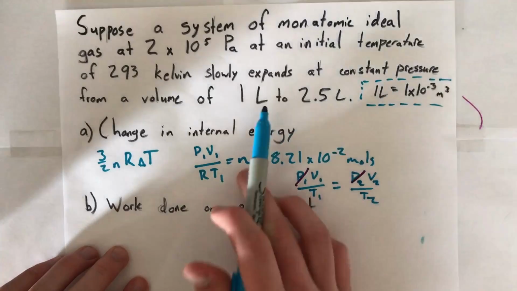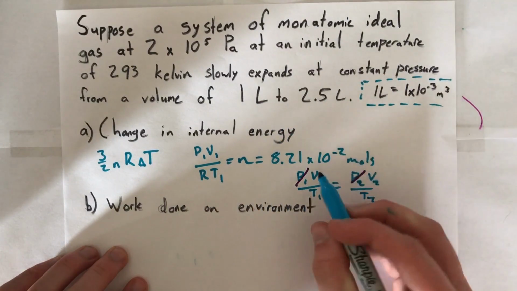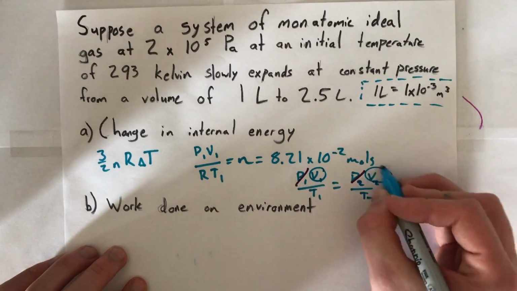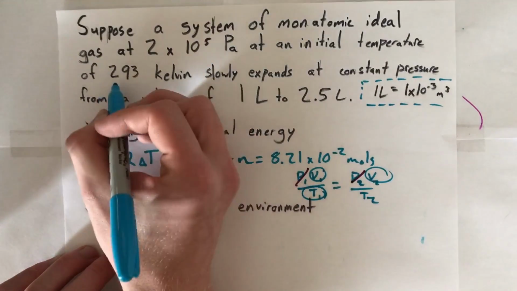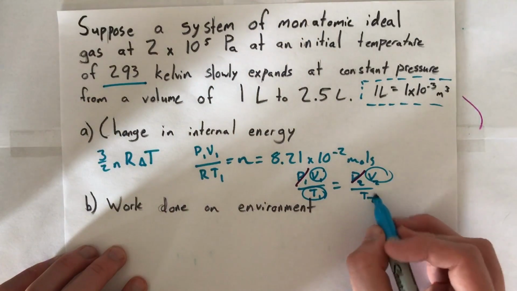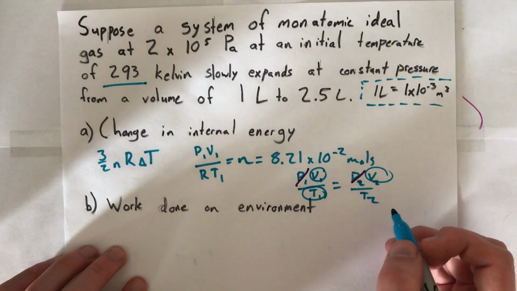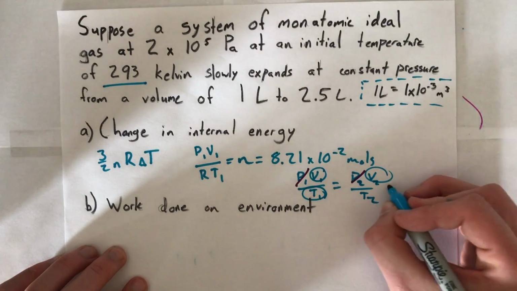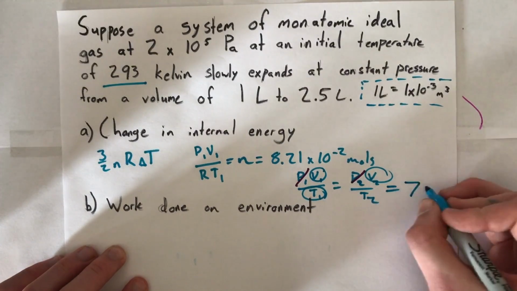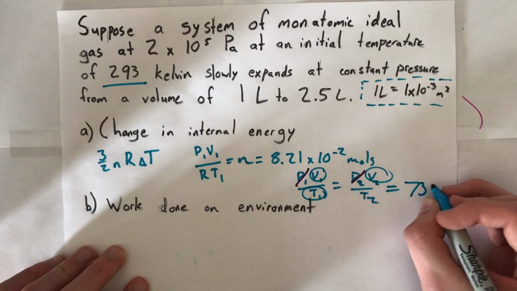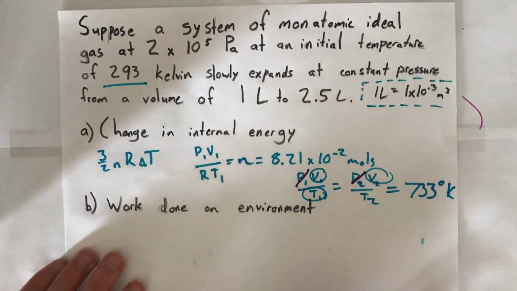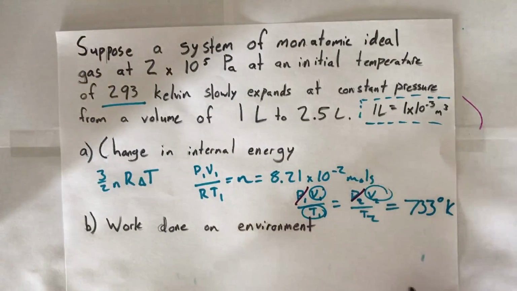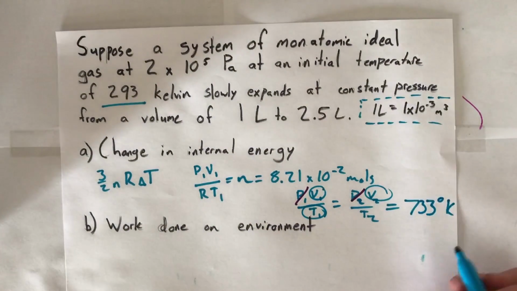And as you can tell, we have 1 liter to 2.5. That gives us both of our volumes, and then over T1, which we have right here. So this will give us our temperature in Kelvin, which obviously, after you do the work, will give us 733 Kelvin.